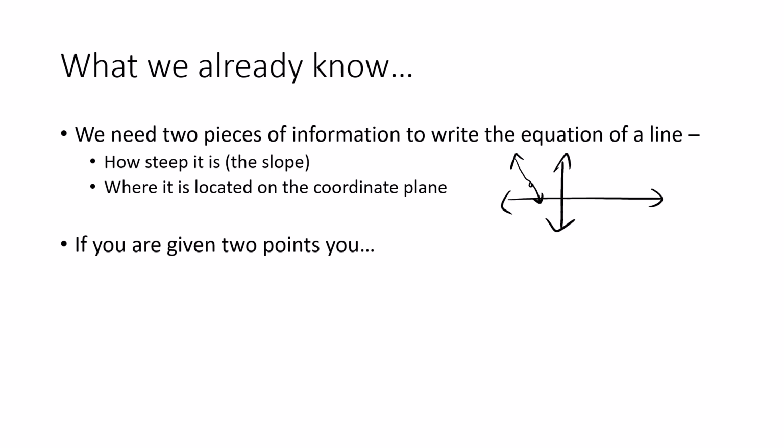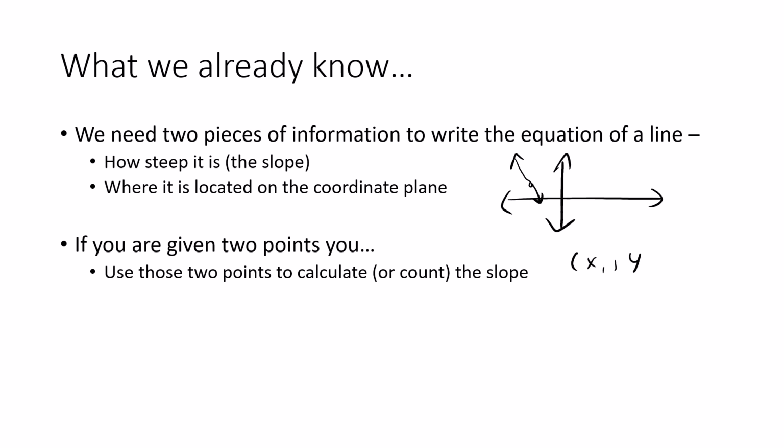Now, if you are given 2 points, this is the basic strategy that we would use to approach this without getting too specific. You're going to use those 2 points to calculate or count the slope. So you've got your first point, and you have your second point, and you use those to obtain the slope, which means that you would now know the slope.